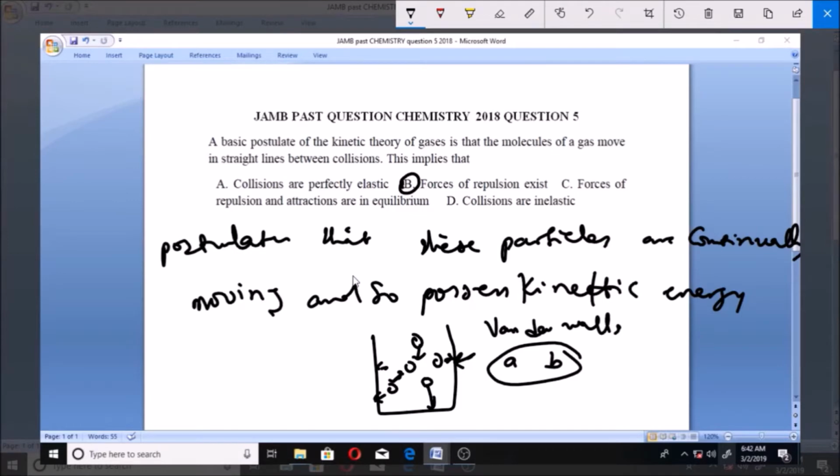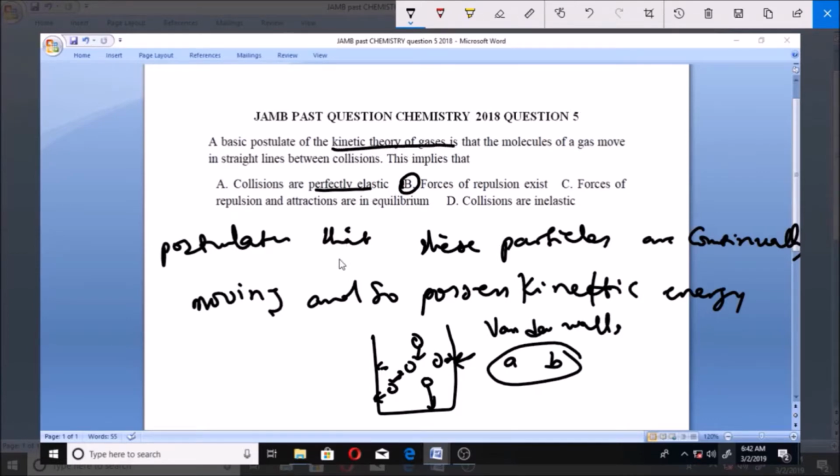Whenever you talk about kinetic theory of the gases, you must mention the forces of repulsion that exist between the molecules, which enables pressure to be created due to the collision with the walls of the container. So if you go by elimination, perfectly elastic is not there. If you check the kinetic theory of gases, that's what we are looking at.